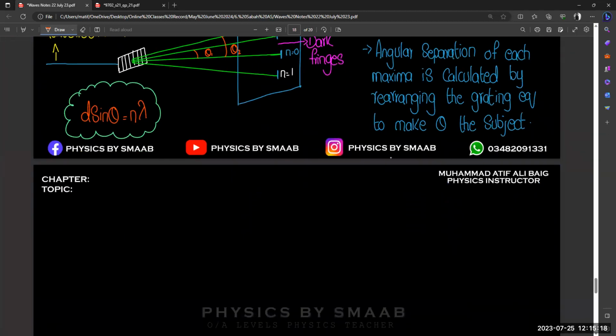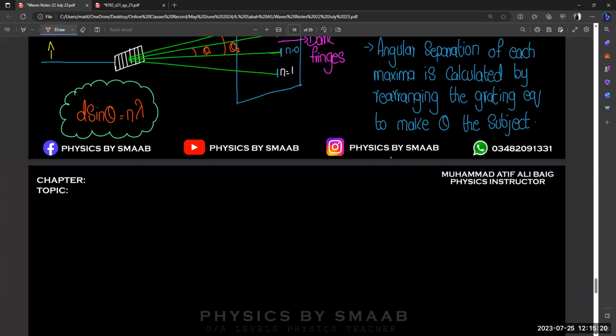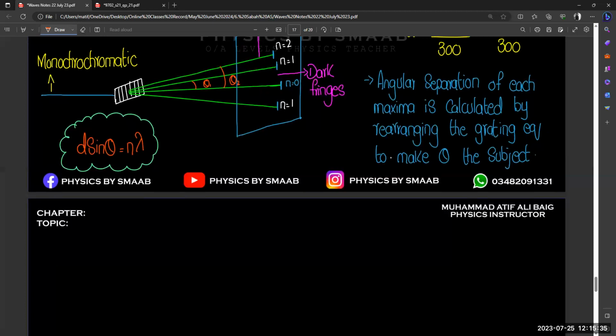Okay, one more thing. Let's suppose someone asks you how to find the highest order of maxima, that is, at which angle you are going to get the maximum order for the diffraction grating.